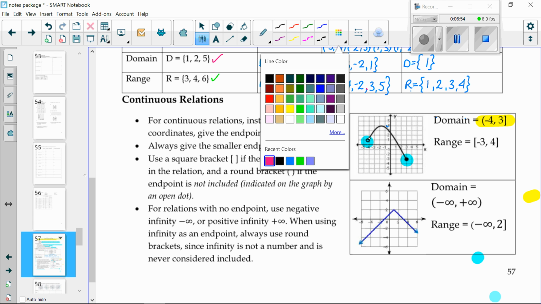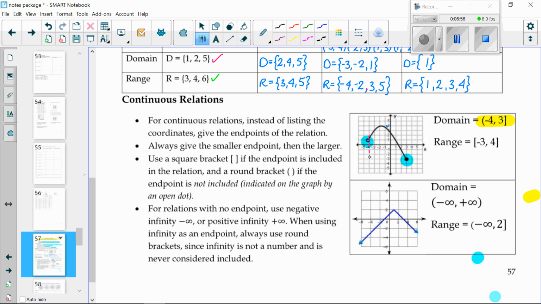So right here, it passes through -4, -3, okay? So that's how they get those values. And then for the range, it starts at -3. We always go from least to greatest, -3, and +4.